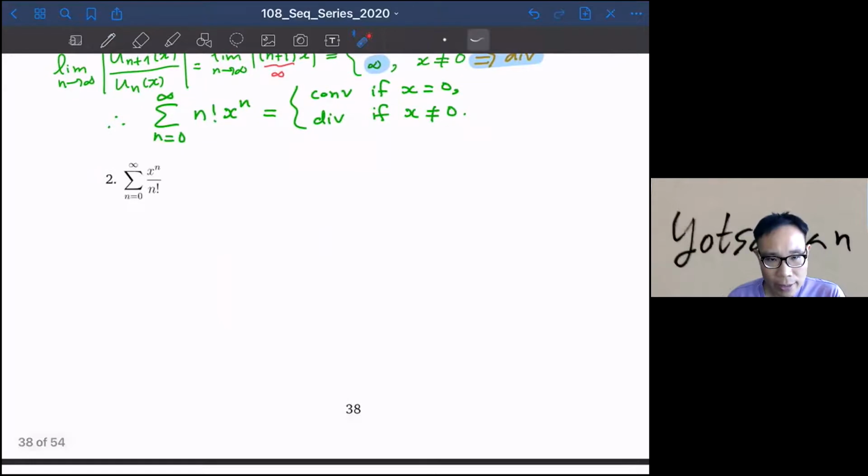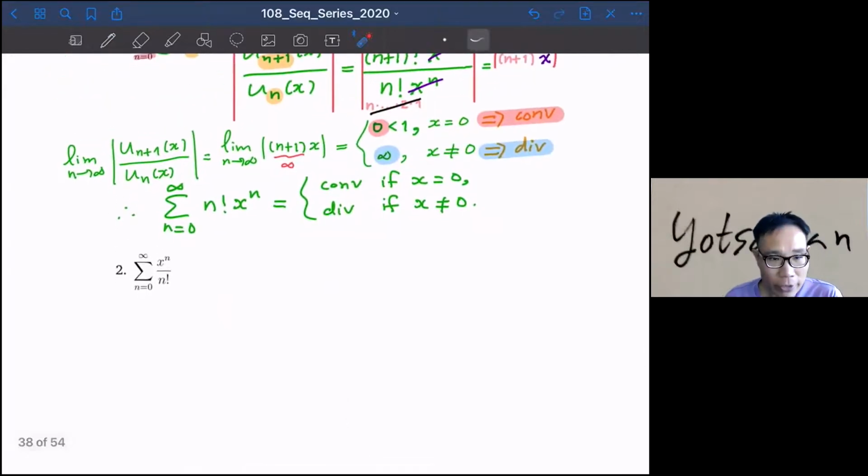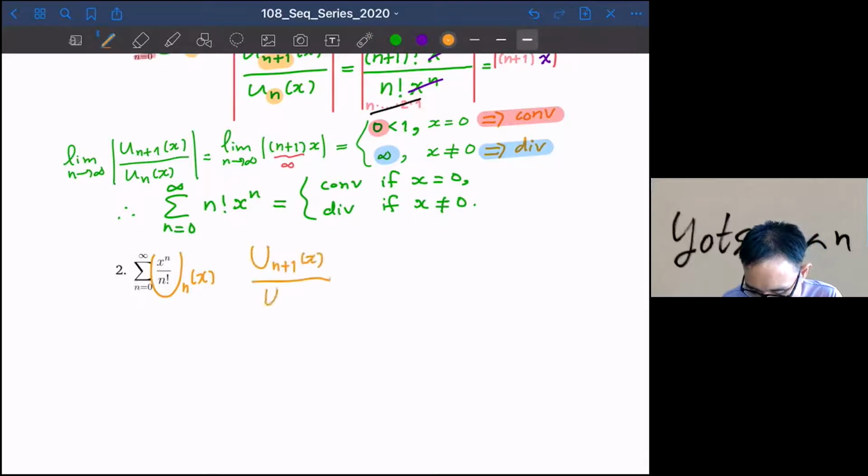For the next one, you have a different thing. It's going to be x to the n over n factorial. So this one will be my u_n(x). So let's look at u_(n+1)(x) over u_n(x).